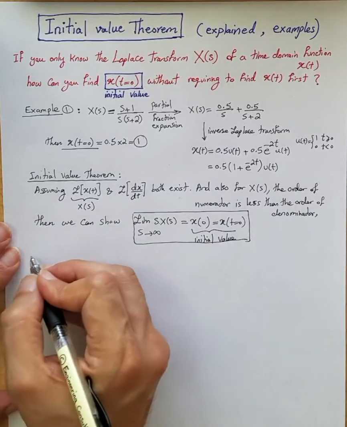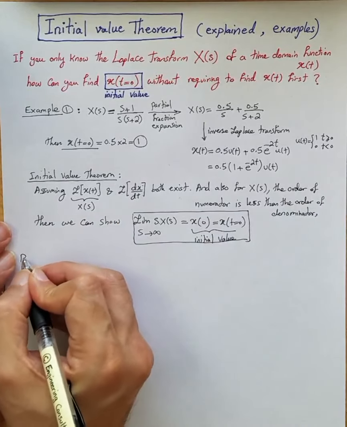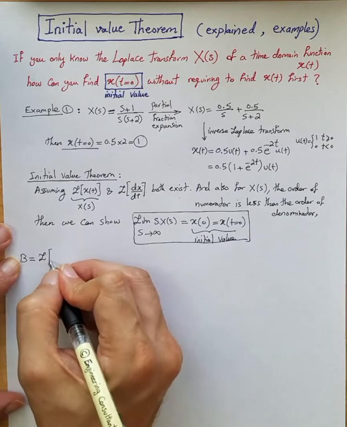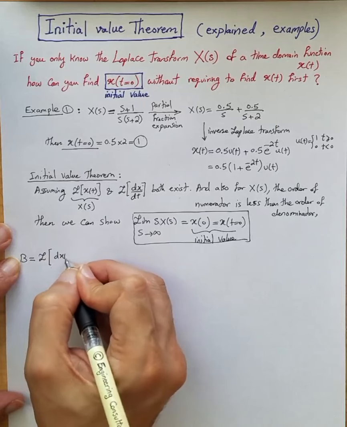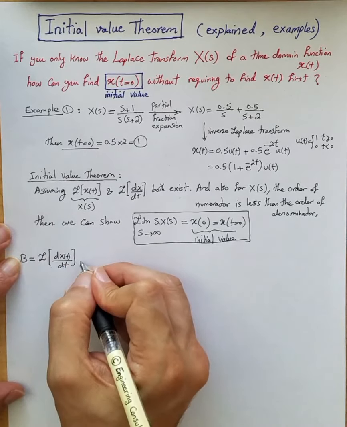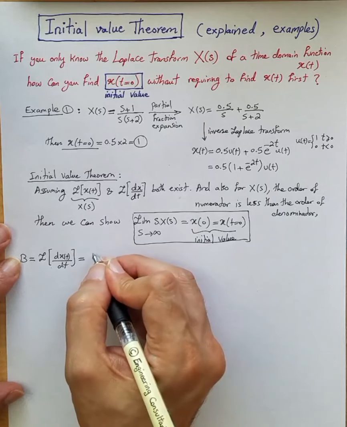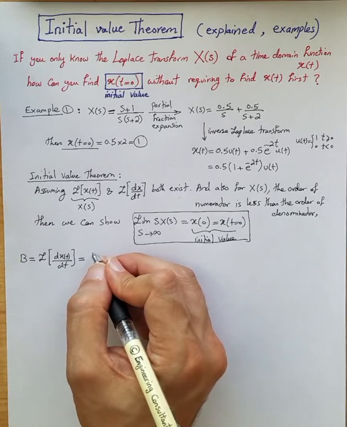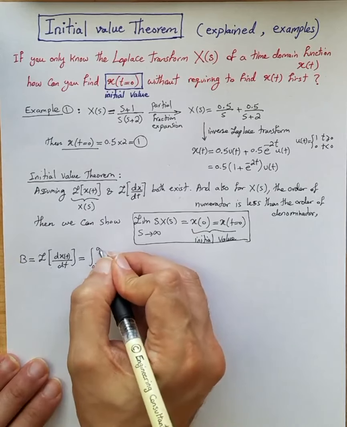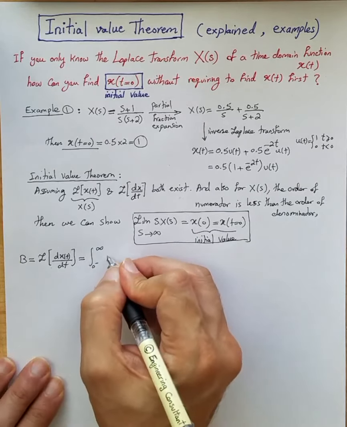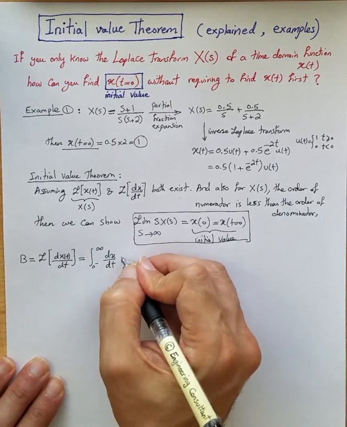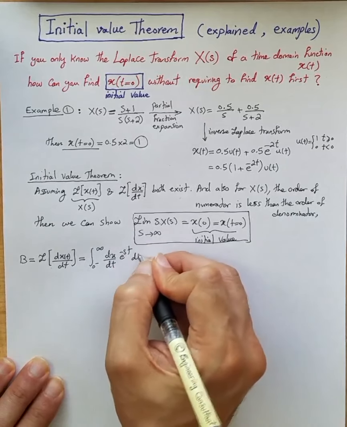Okay, so let's first prove it. It's easy. Let's say B is the Laplace transform of the derivative of x(t) with respect to time. By the definition of the Laplace transform, it's the integral from 0 negative to infinity of dx/dt times e to the minus st dt.